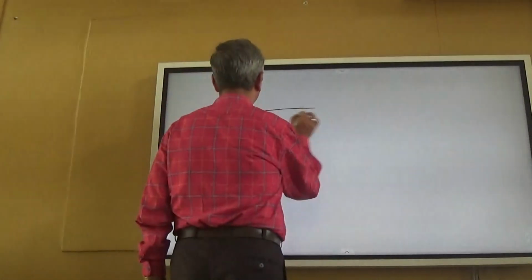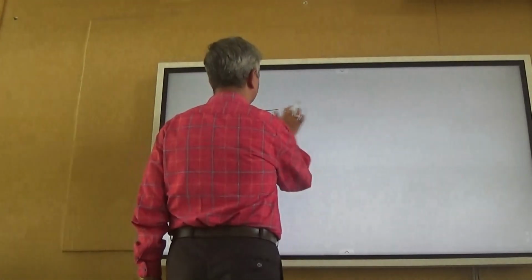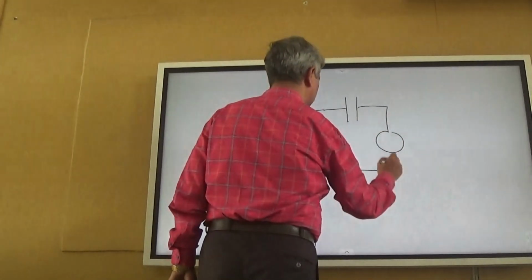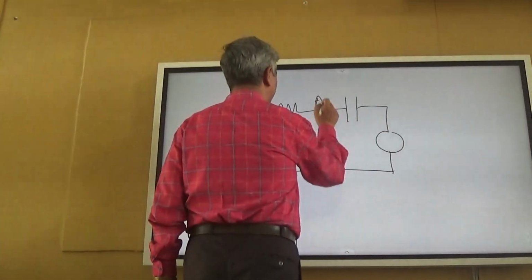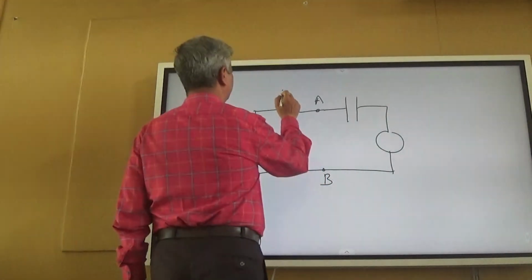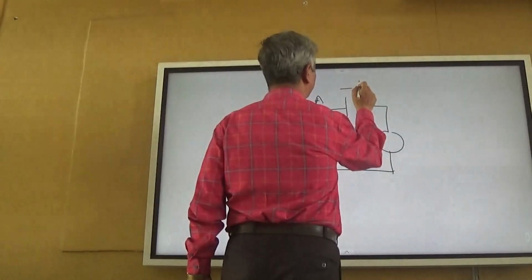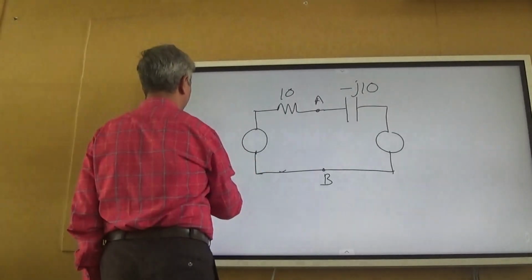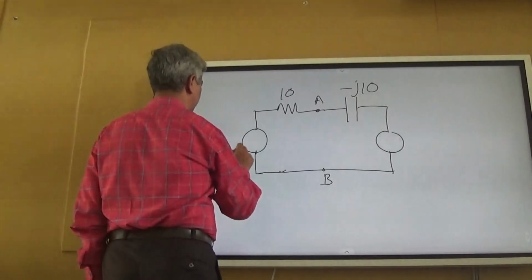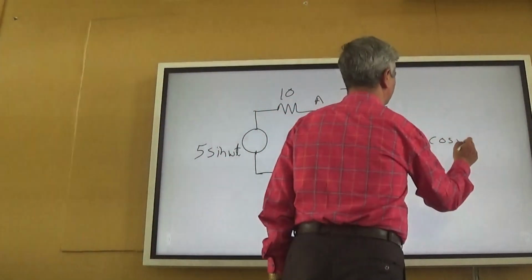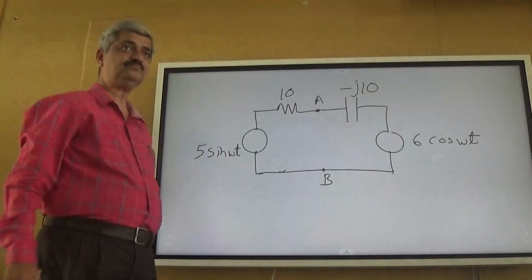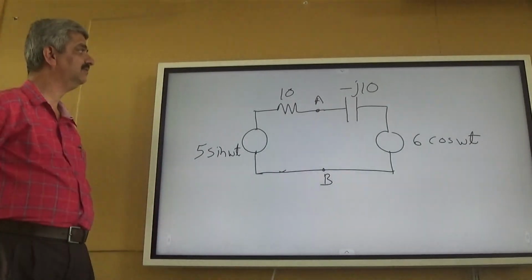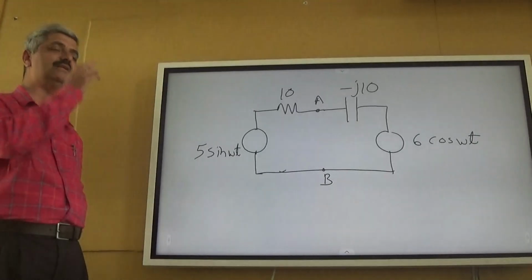If a question is asked, find out Thevenin's equivalent circuit between A and B. How will you find it out?